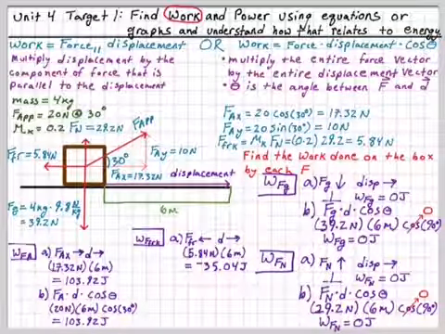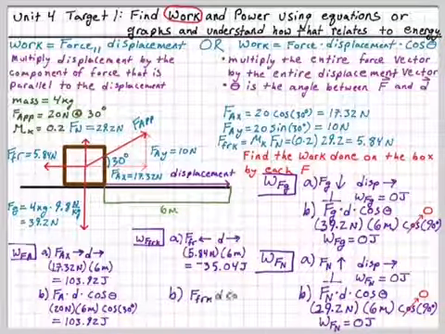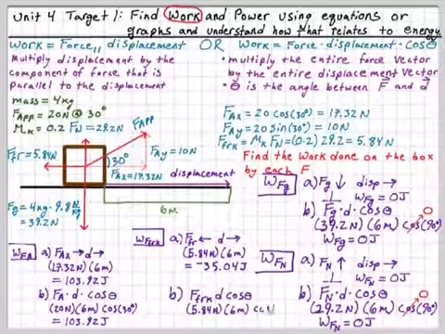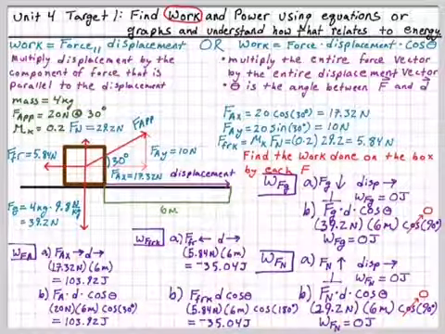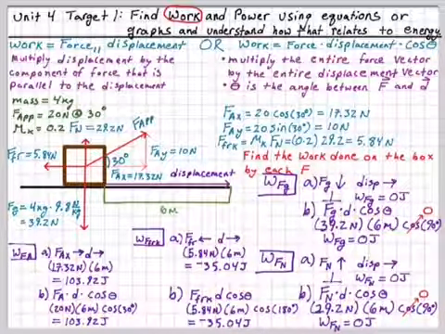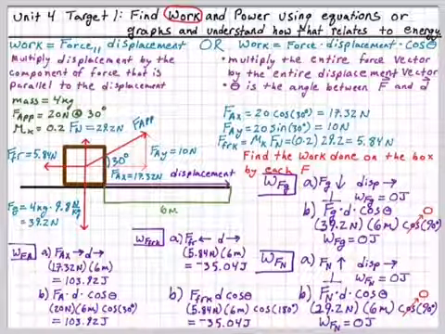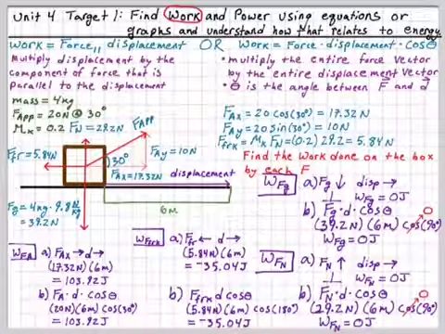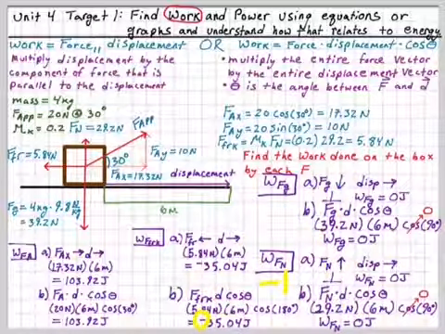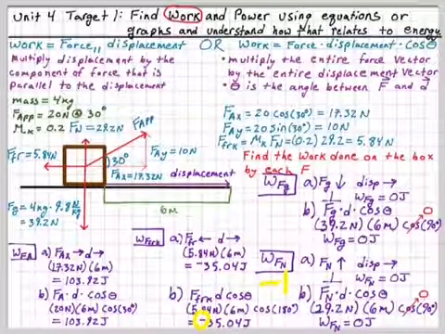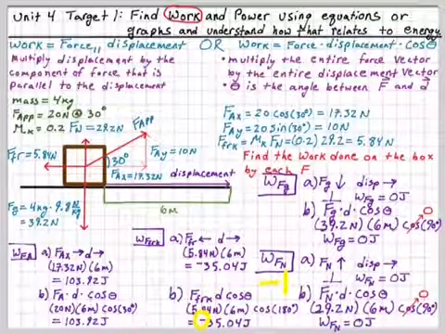Finally, let's see that we get this same result when we use the other equation. And when we do that, we use the entire force of friction and the entire displacement, and we multiply it by cosine of 180. However, cosine of 180 degrees is -1. And so this negative sign comes from that cosine of the angle. And that's where this is a little bit tricky with the first equation.